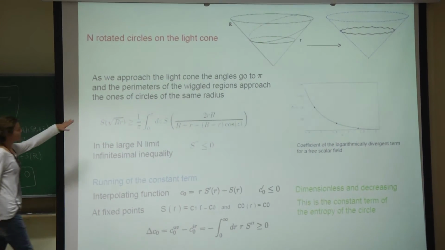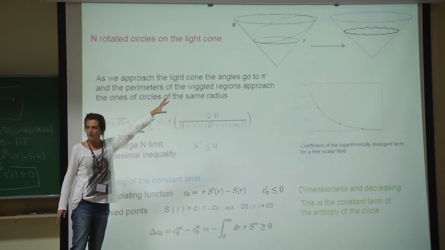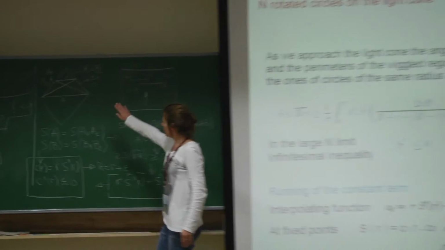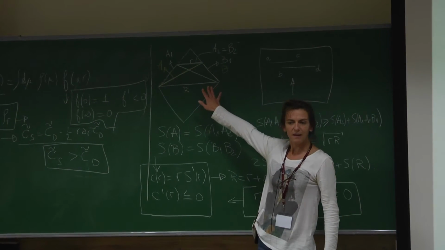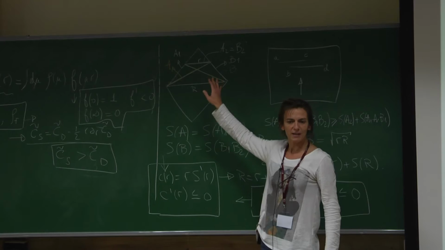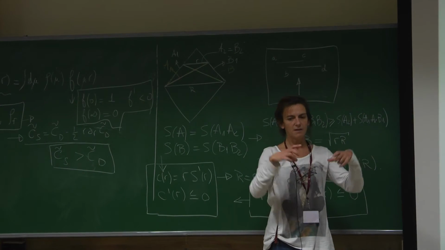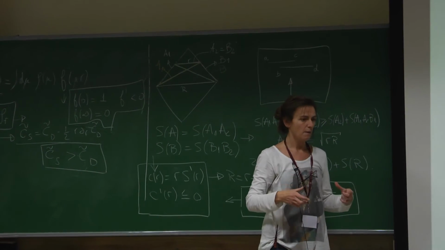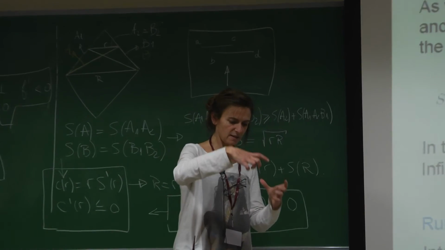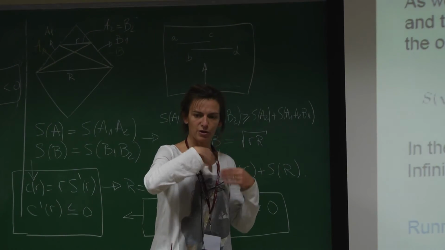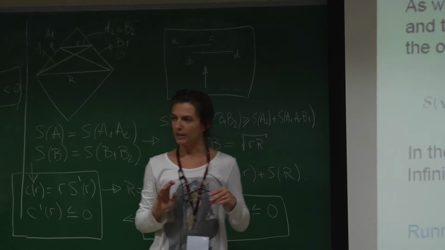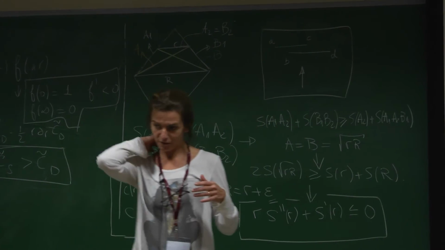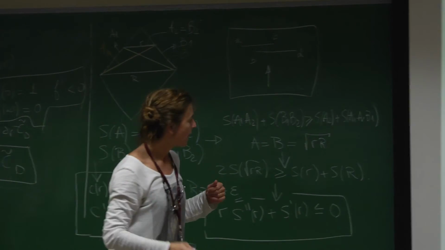So this is the right way to do it. It's very similar to this. It's the same thing, but now what you are doing is taking circles and rotating them, but they have to be seated on the light cone in order to get rid of the angles. The logarithmic divergence is coming from the angles.